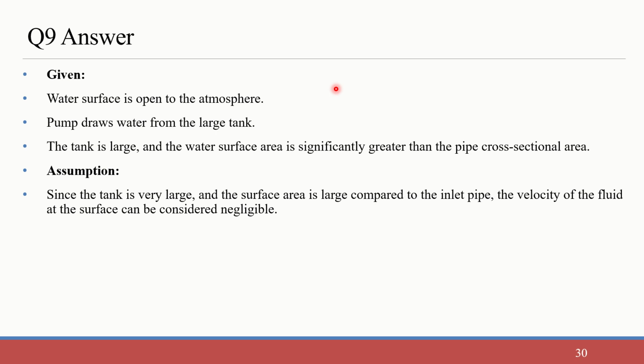Since the tank is very large, its surface area is large compared to the inlet pipe, so the velocity of the fluid at the surface can be considered negligible. Because of this assumption, we consider the velocity at the surface as negligible, so it can be 0. So that is the answer to this problem. V surface is 0 meter per second.